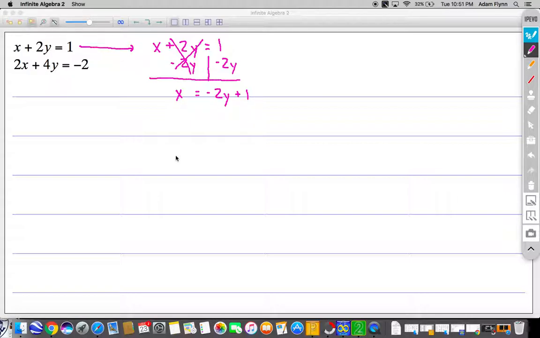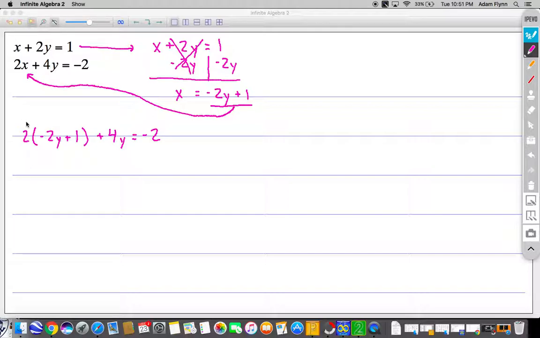Or you could write 1 minus 2y. Now that I know that x equals negative 2y plus 1, I will plug negative 2y plus 1 in for x in my bottom equation. So I end up getting 2 times negative 2y plus 1, just replacing the x with negative 2y plus 1, plus 4y equals negative 2.